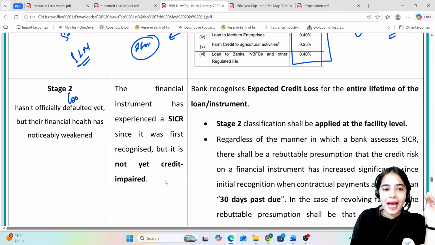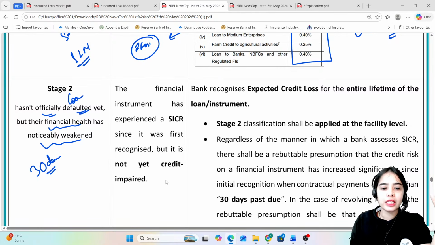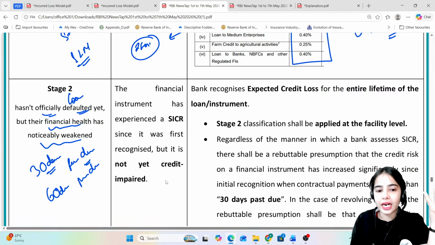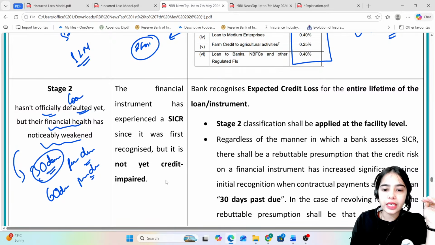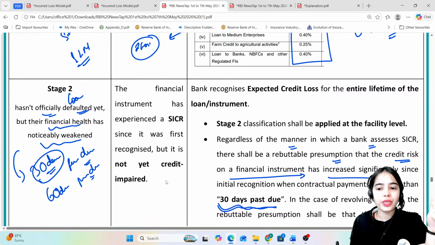The loan hasn't officially defaulted yet, but its financial health has noticeably weakened, because for the past 30 days, or for the past 60 days, there are some payment dues happening. So that means in the initial period only, in the starting 30 days only, it is recognized that, regardless of the manner in which the bank assesses the significant increase in credit risk, there shall be a presumption that the credit risk on a financial instrument has increased significantly.